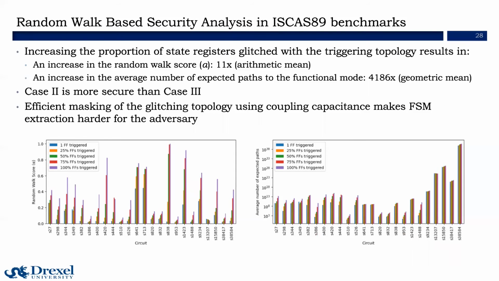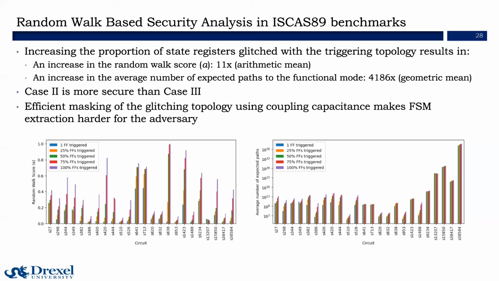Here are the random walk score and average expected number of paths for random walk for ISCAS2022 benchmarks. For different percentages of flip-flops triggered, we can see that as the percentage of flip-flops to analyze increases, so does the security measure. Here, the setup with 100% flip-flops analyzed is analogous to case 2, whereas the setup with 1 flip-flop analyzed is analogous to case 3.